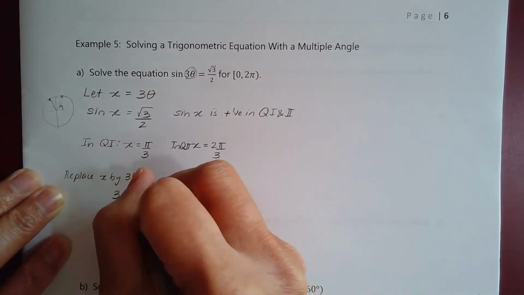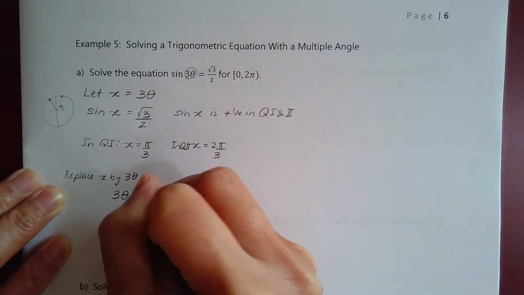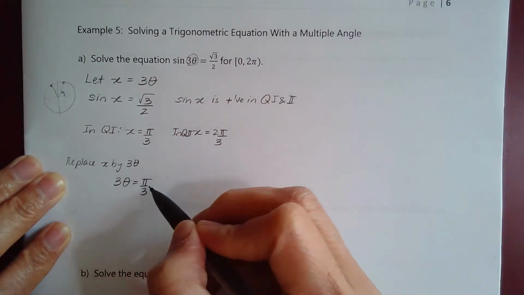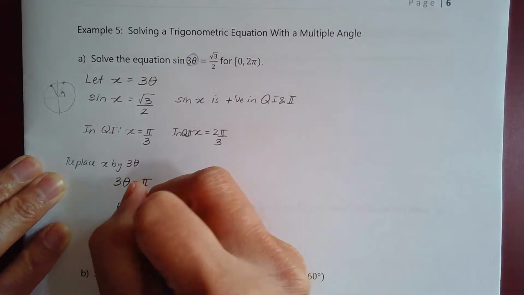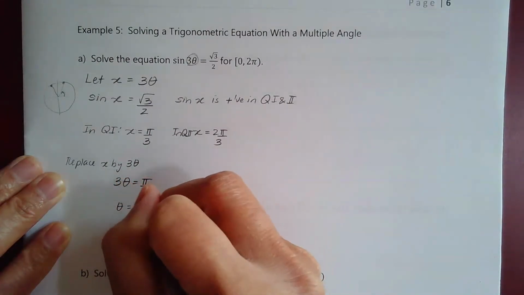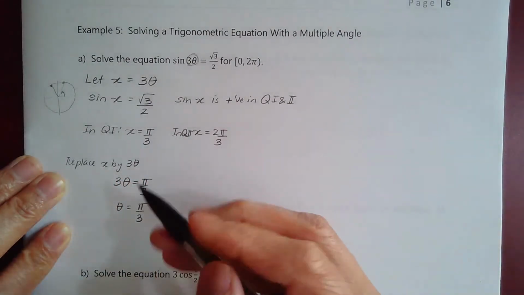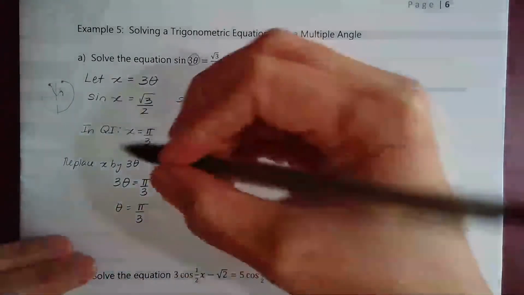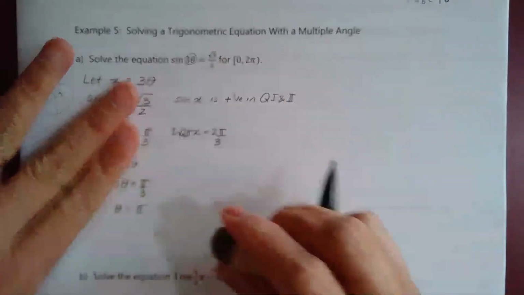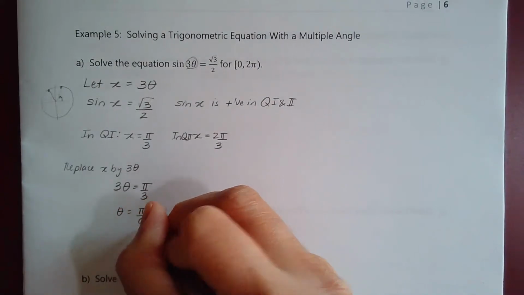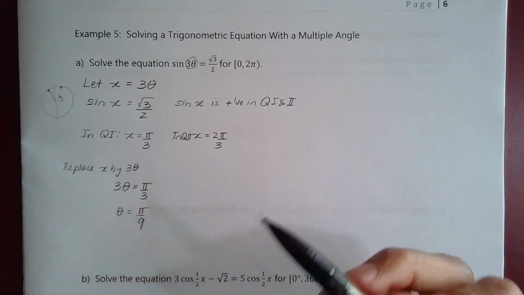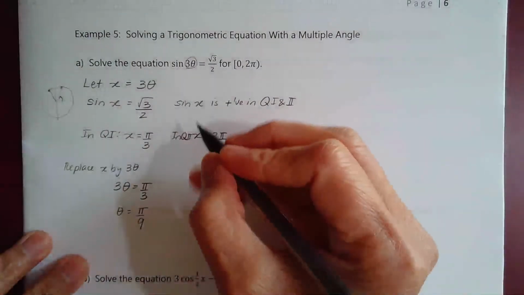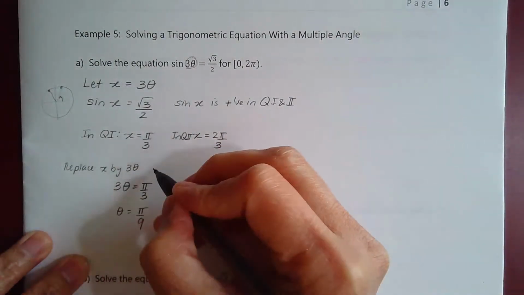3 theta is equal to pi by 3. Now let's solve for theta. We'll divide both sides by 3. So therefore theta is equal to pi by 9. So theta has to be pi by 9. Now what about this one? We're going to replace the x by 3 theta again.